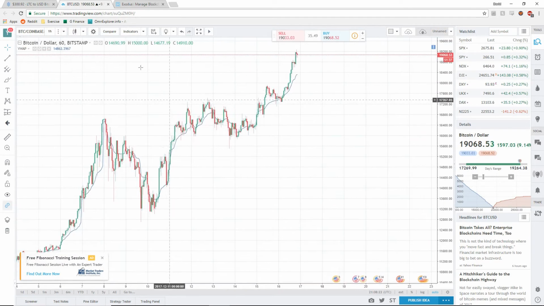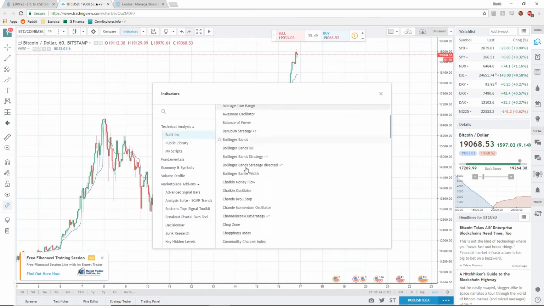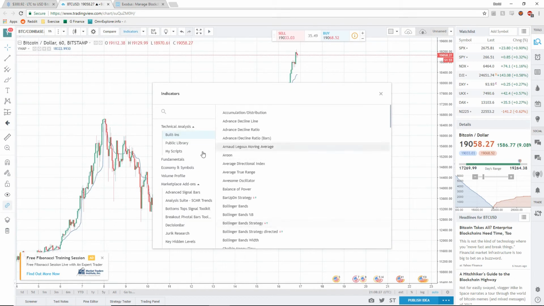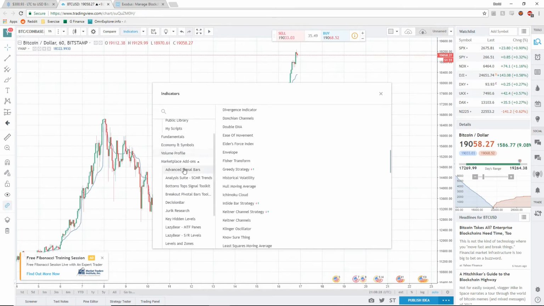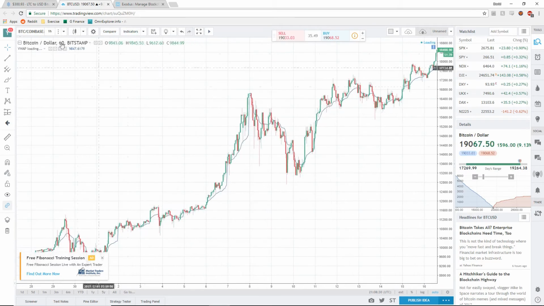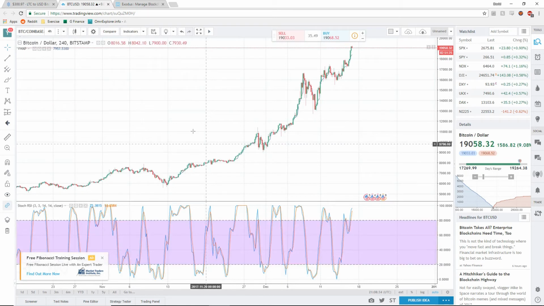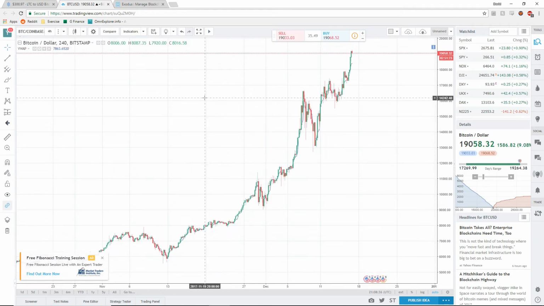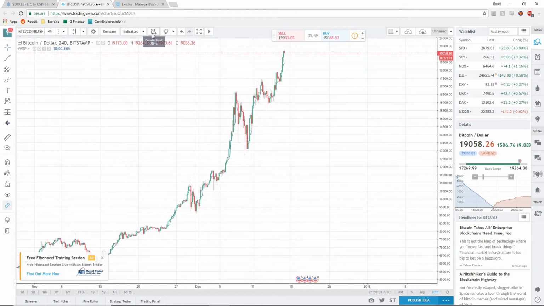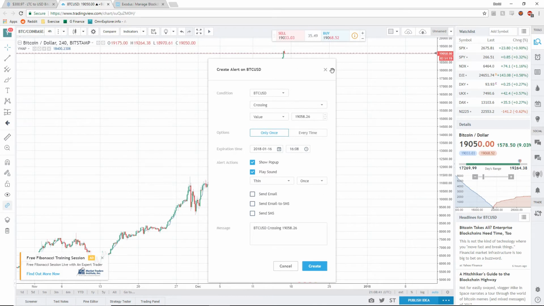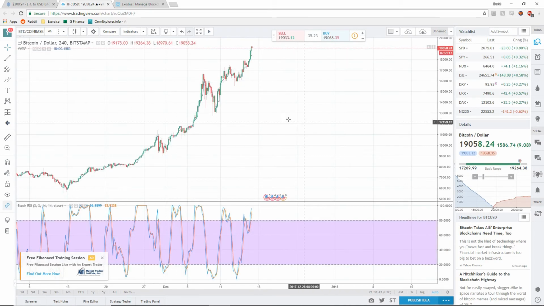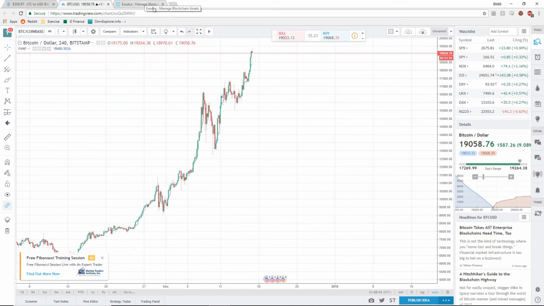With this, you can do all your indicators, however you wanted to trade in the past if you did stocks, and it can give you a better picture. You can do your time frames, add your different indicators, and you can even do the alerts, price alerts. So it's a pretty powerful tool.